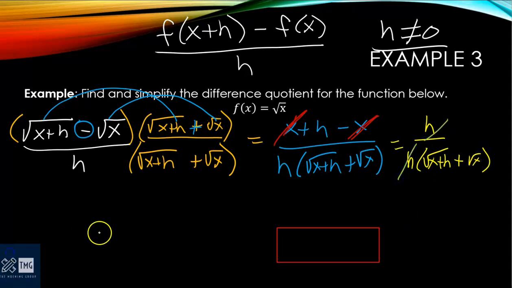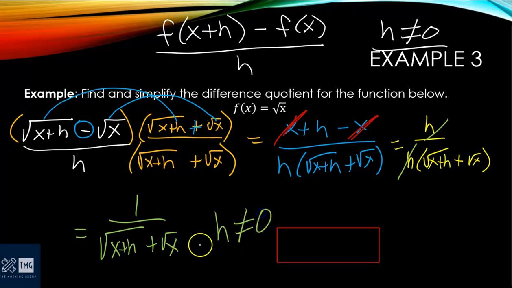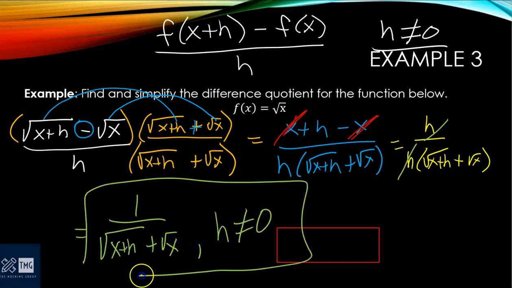And so my final answer is 1 over the square root of x plus h plus the square root of x. And we all know that h cannot be 0 because in the difference quotient, we can never divide by 0, but also we have an h in the denominator, so it can't be 0.